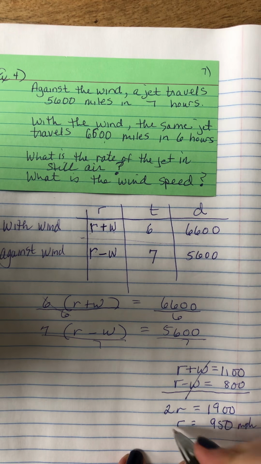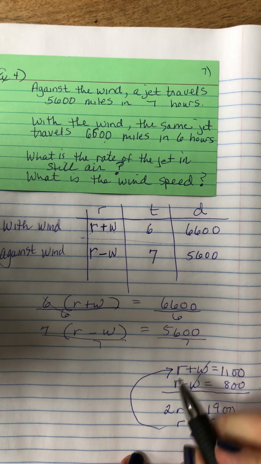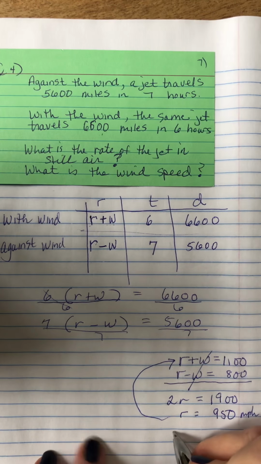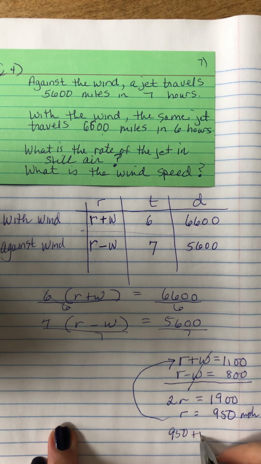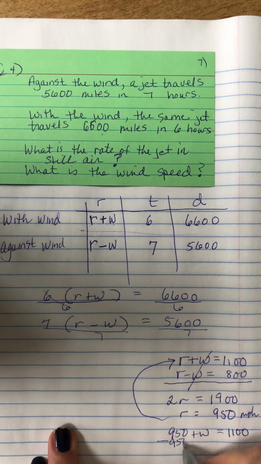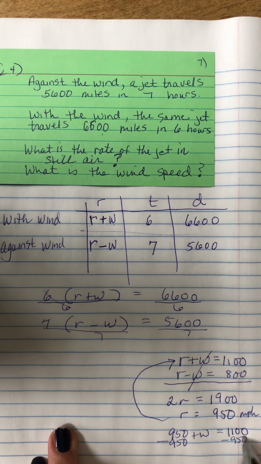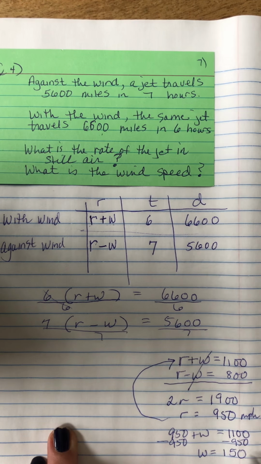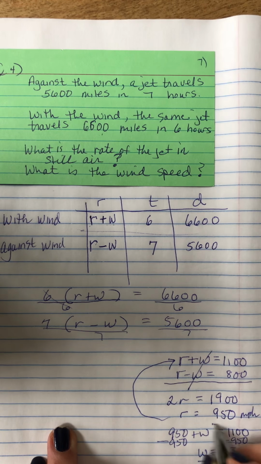And if I take it back here, R plus W equals 1,100. So if 950 plus the wind speed equals 1,100, I can subtract 950, and my wind speed is 150 miles per hour.